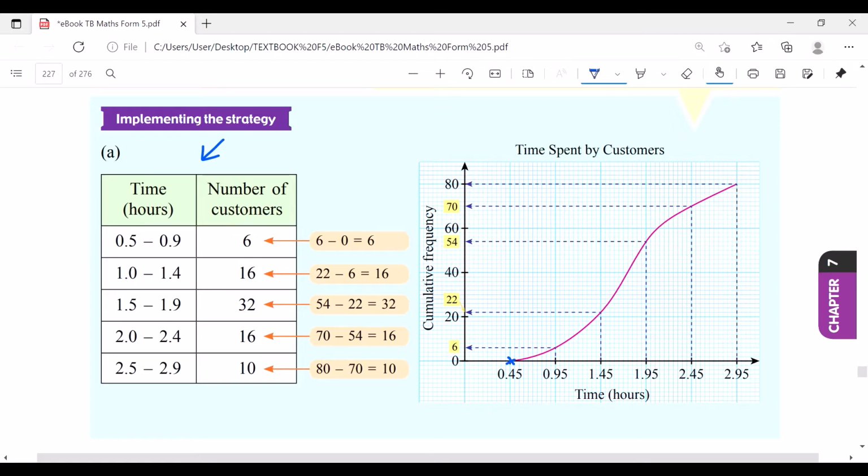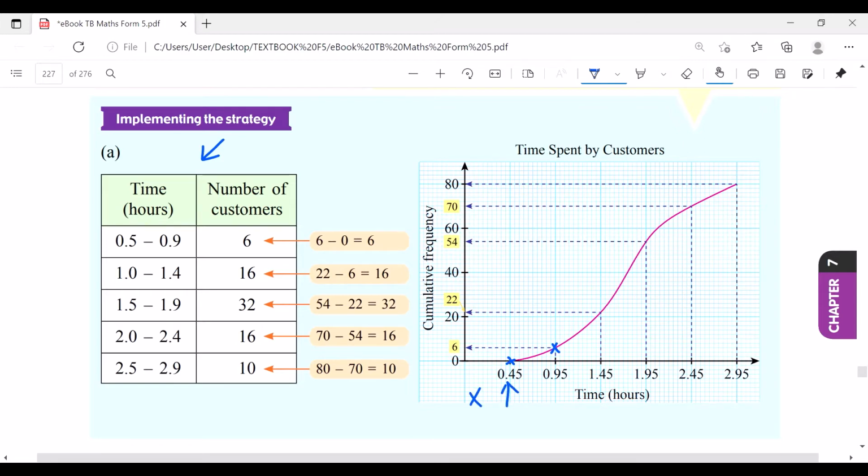If you don't have this zero frequency, your graph will start here and it will be floating, and it looks very weird. But remember, again, I repeat, you don't have to put the zero frequency here, no need.